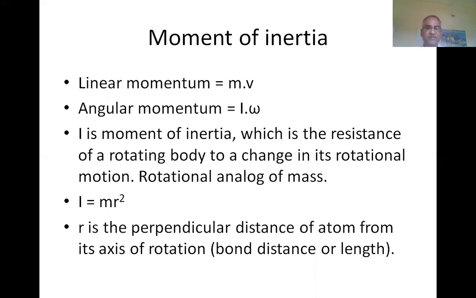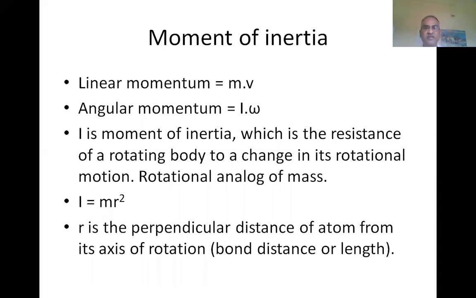So that means moment of inertia is the mass analog of linear momentum. So I is moment of inertia, which is the resistance of a rotating body to a change in its rotational motion. So that is the definition of moment of inertia.